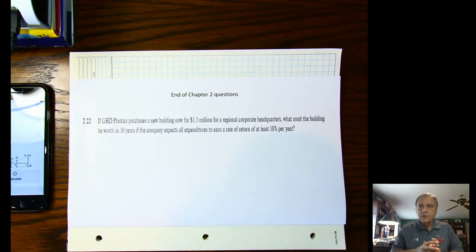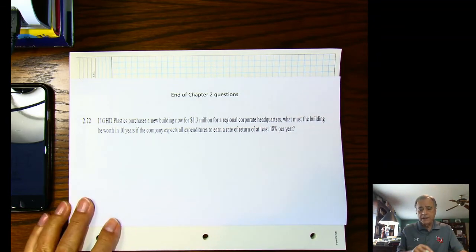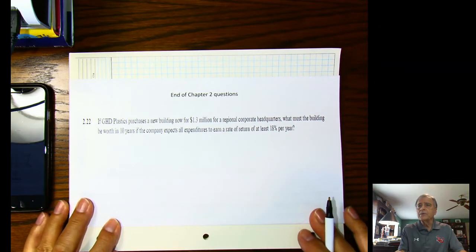The last question I'm going to work for you in this little session is one of the end of the chapter problems, and it's problem 22 at the end of the chapter in your ebook.